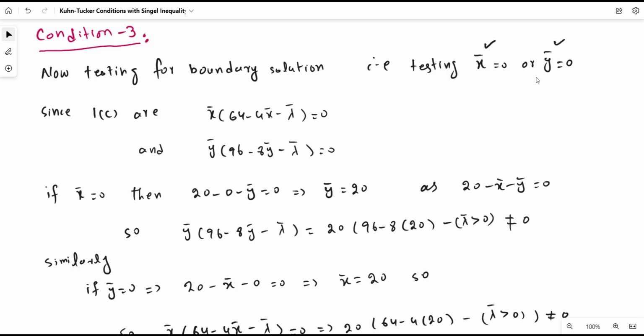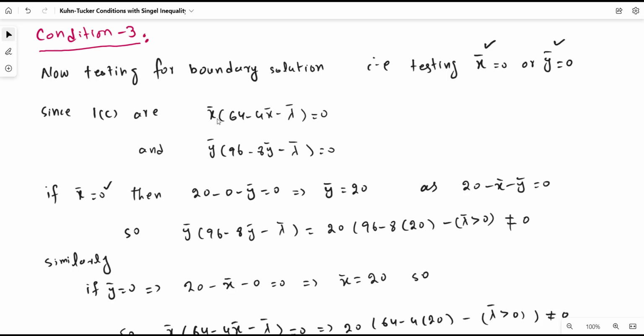So how would we check this? We can check this by putting x bar equal to 0 in the 1c condition, which says either x bar or this constraint would be equal to 0. Similarly, y bar or this constraint would be equal to 0.